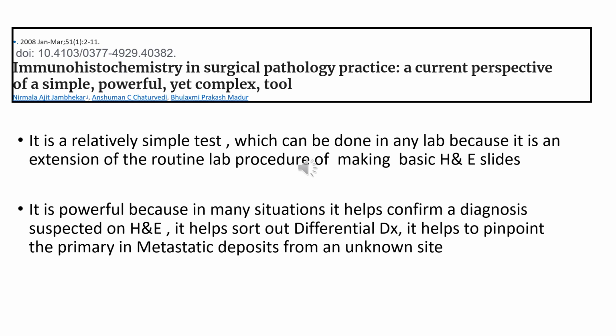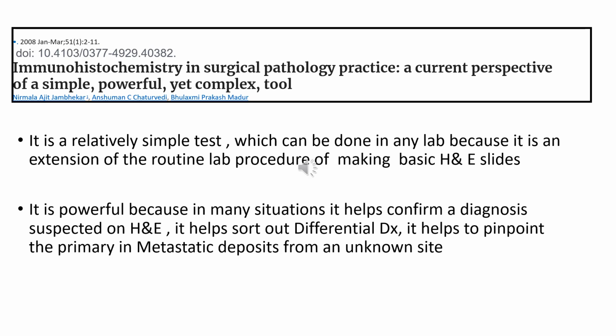Now, this is an article which I wrote more than 10 years ago, but it is still relevant to some extent. And the title is Immunohistochemistry, a simple, powerful, yet complex tool. And why is IHC simple? Because it can be done in any lab, and it is an extension of the lab procedure which I just mentioned.